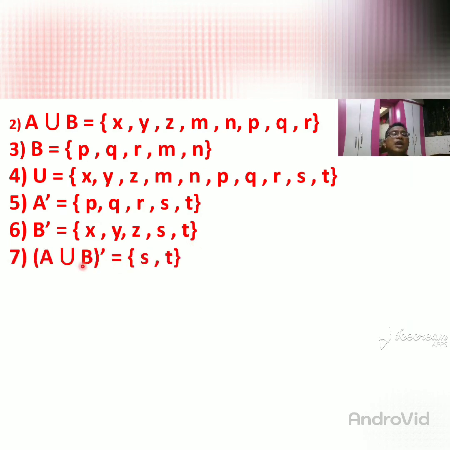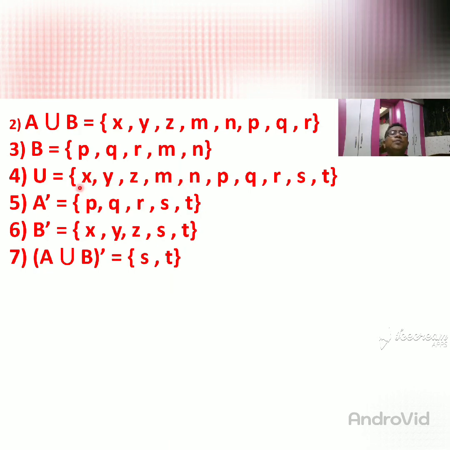Then A union B complementary. A union B complementary is very simple to write. You can go towards A union B. That A union B has X, Y, Z, M, N, P, Q, R. So all the elements of this A union B are cancelled from this universal set.